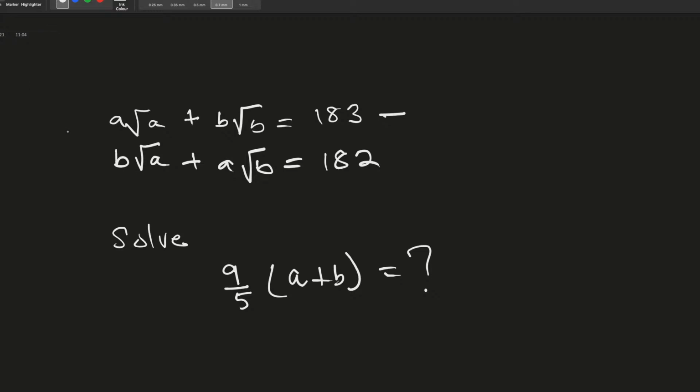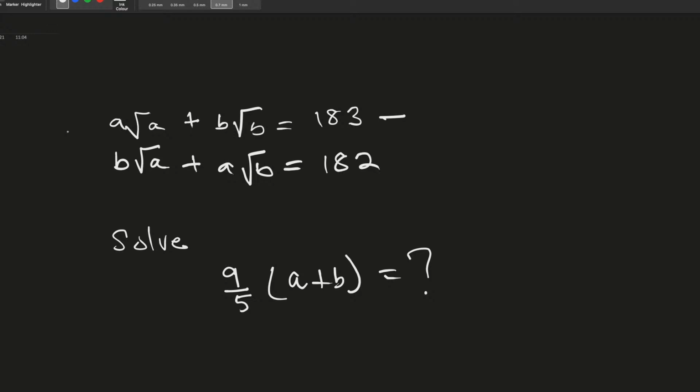First and foremost, if you watch very carefully, let us highlight something. Here we have the square root of A and the square root of B. In the same vein, we have the same square root of A and square root of B. They are very common in here.